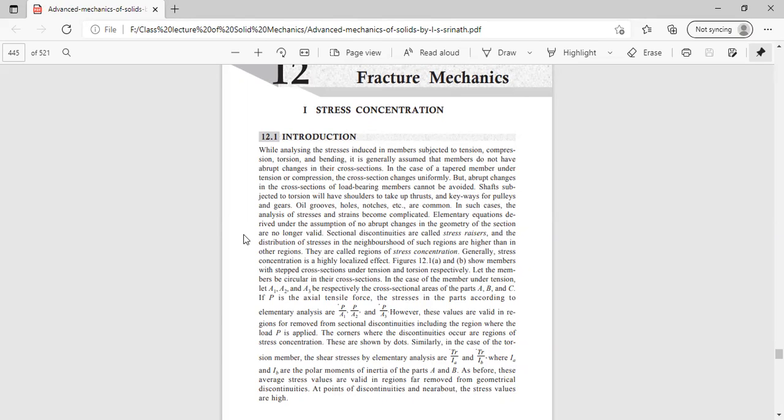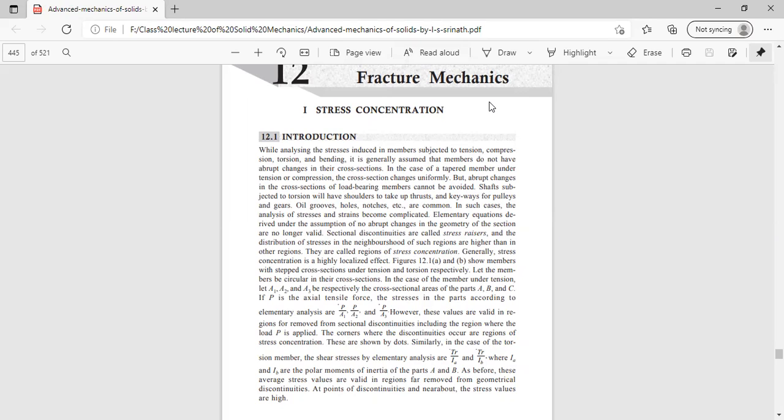And we have also gone through a few cases where the member is not changing its dimension gradually but abruptly. Say you have a certain cross section up to a length of, say, 500 millimeter.